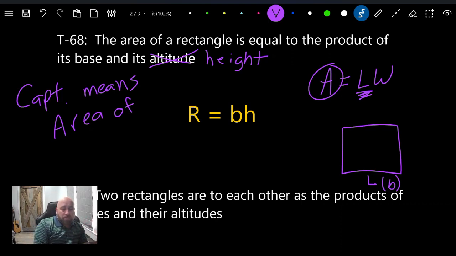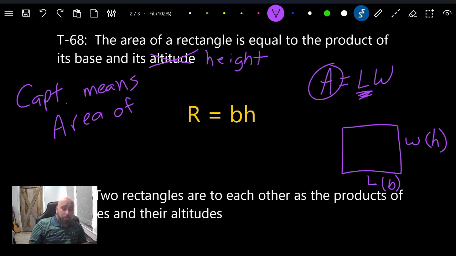And this used to be the width, and now we're calling it the height. That makes sense, because it's the altitude, how tall it is. It's the height of the rectangle. So we're going to use this, R equals BH. We didn't change the formula at all. We just put different letters in there to represent the same exact thing. So easy formula. You've known this for a long time.